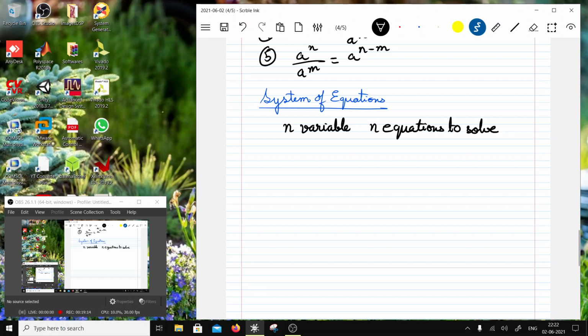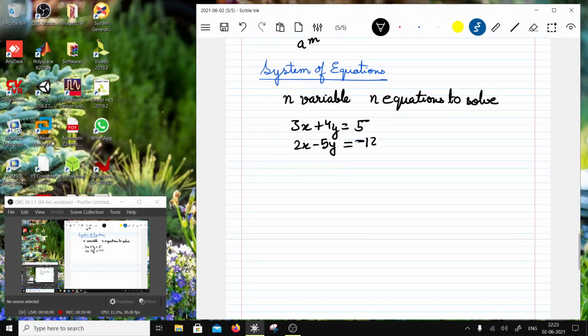This will be called a system of equations. For example, very easy: I have the equation 3x plus 4y is equal to 5, and then I have 2x minus 5y is equal to minus 12. So this is a system of equations.